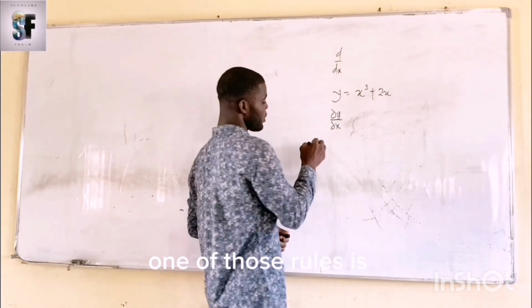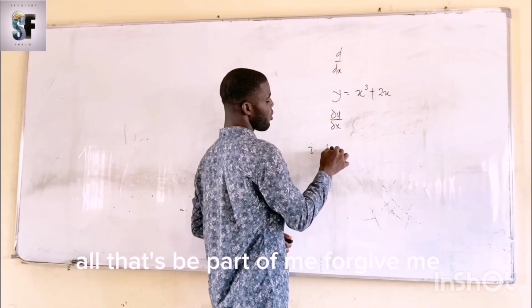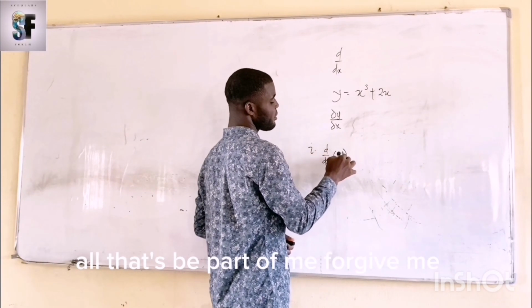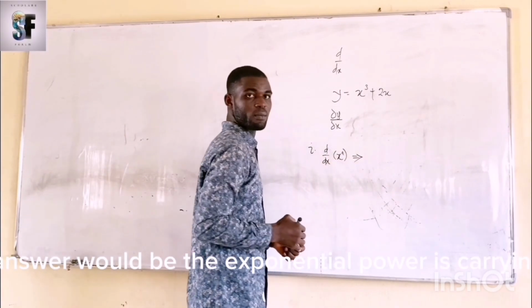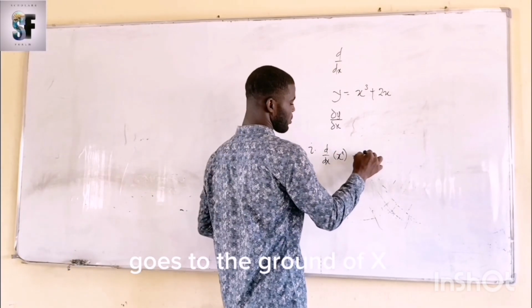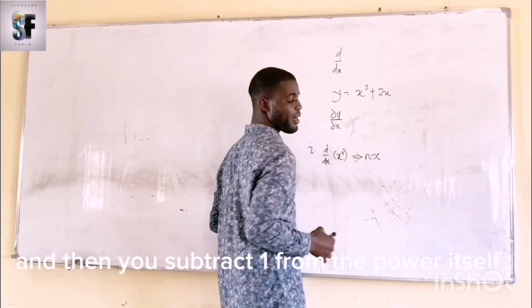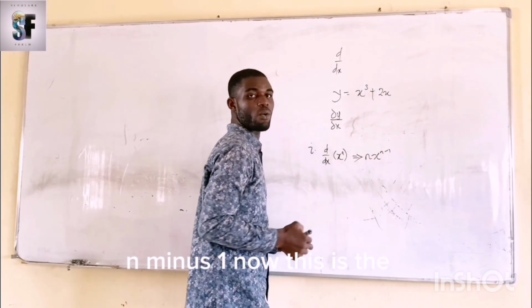One of those rules is when you are told to find d/dx of x to the power of n. The answer would be: the exponent n comes down to the ground of x, and then you subtract 1 from the power itself, n minus 1.